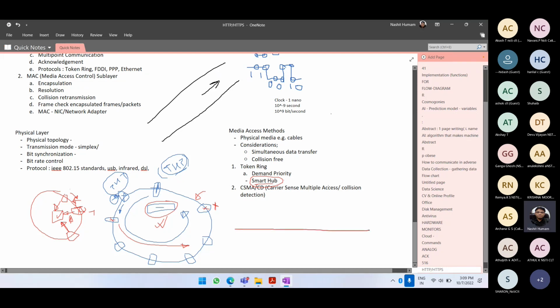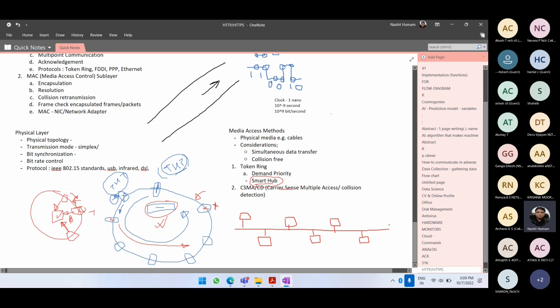Suppose this is my network, and I have various devices. All these devices put their carrier sense signal over this network just before transmitting data.